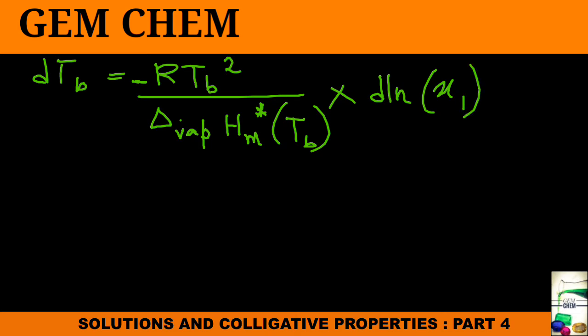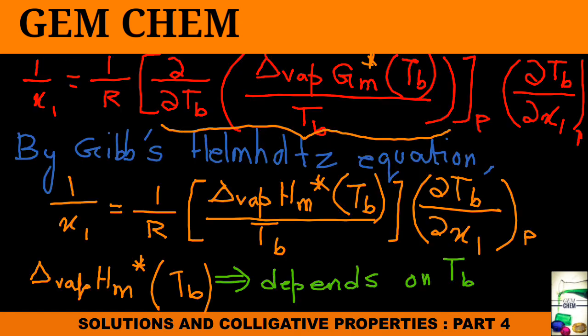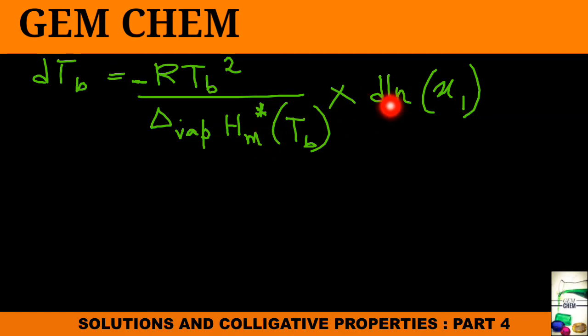Now what we have done is we have differentiated it, and just taken the opposite way round. Previously, what was it? It was like this, right? We have just rotated it upside down and then taken the form of dx1 by x1, which gives us d ln x1. It can give us like this, right?